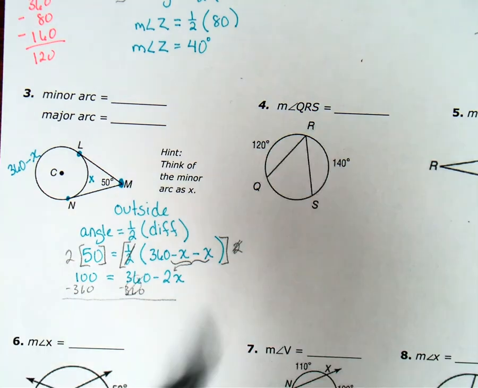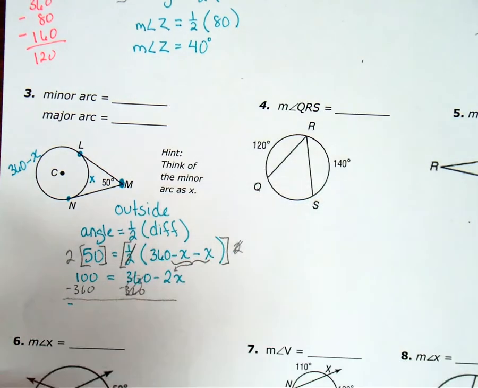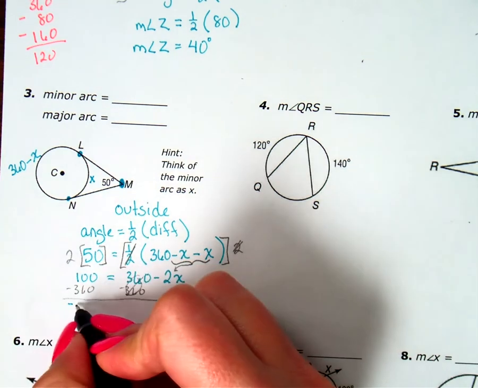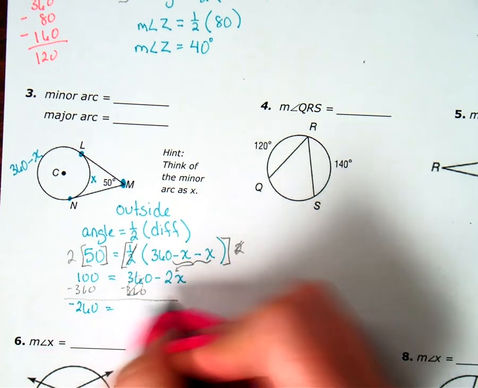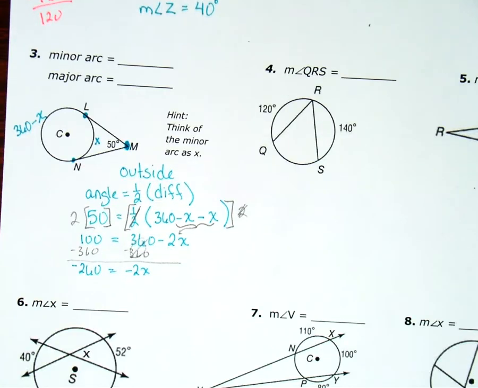Got to run out of room here. When I subtract the 360, I'm going to get a negative 260, and that equals a negative 2x. So negative 260 equals negative 2x.